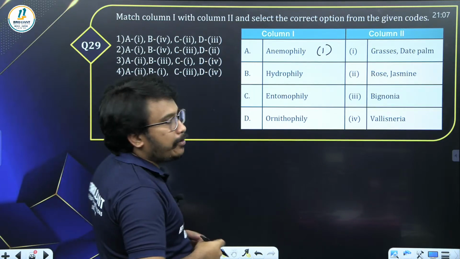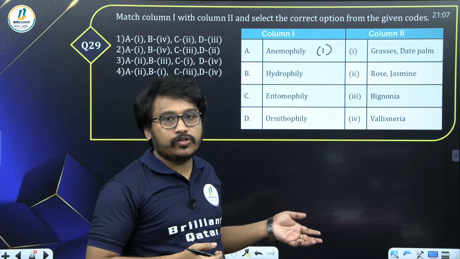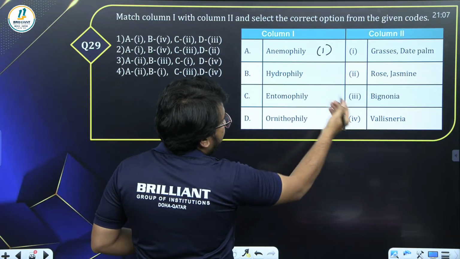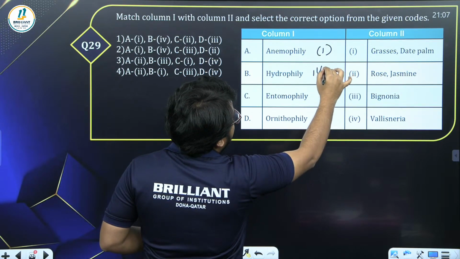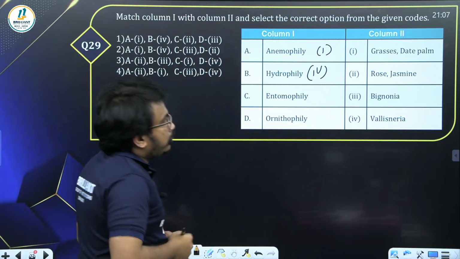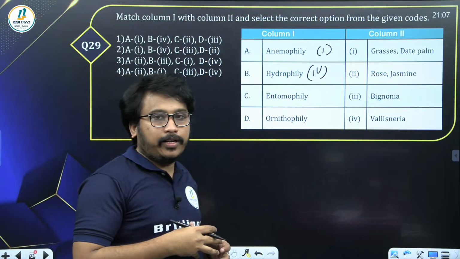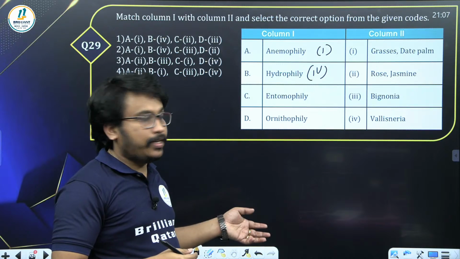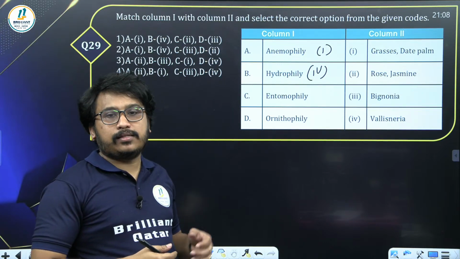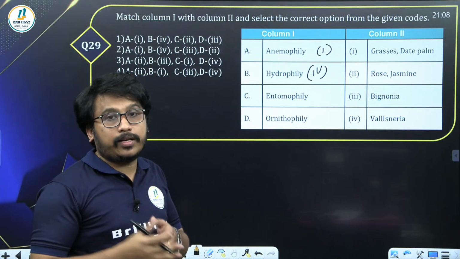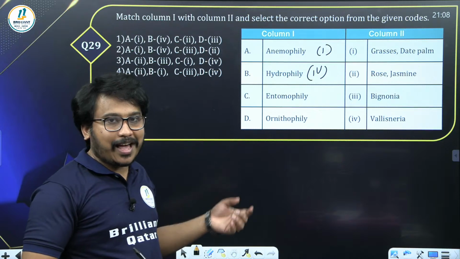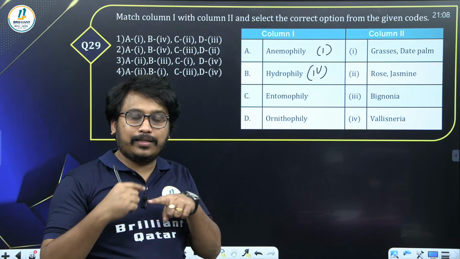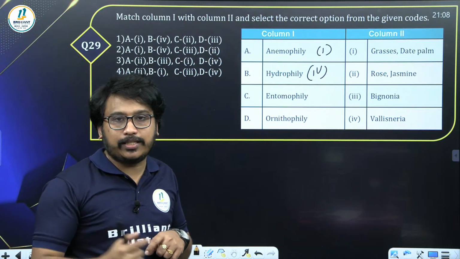Whereas Vallisneria, Hydrilla, Zostera and all, you can see pollination by water, that is called as hydrophily. So hydrophily is observed in freshwater plants like Hydrilla as well as Vallisneria. Then the marine plants like Zostera, the longest pollen is observed in Zostera, and a character you should also remember, they will be having pollen that is covered by a mucilaginous sheath.